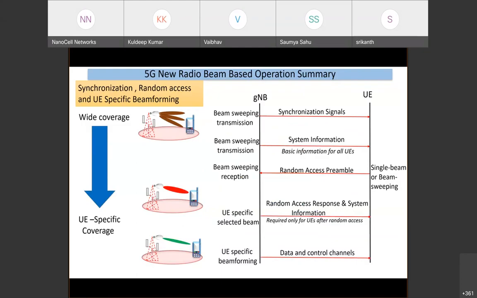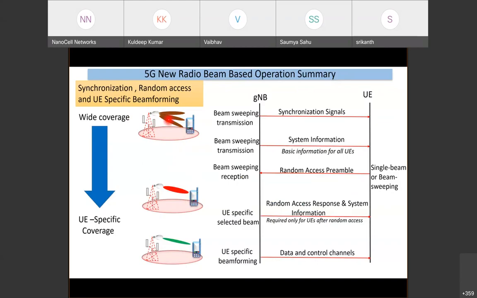So to summarize, how do we use all of this in 5G NR operations? Remember in FR2, right from the first steps, we can use this beam-based operation. So we do beam sweeping, synchronization, random access, etc. This is just focusing on the particular user.